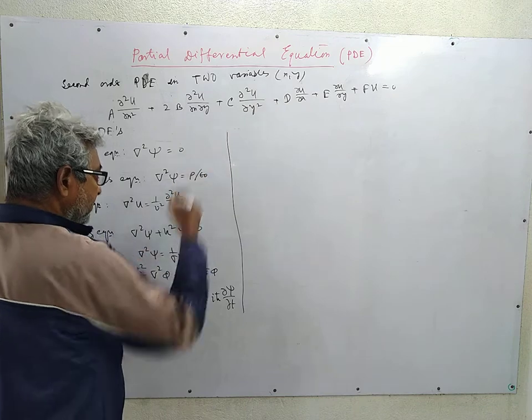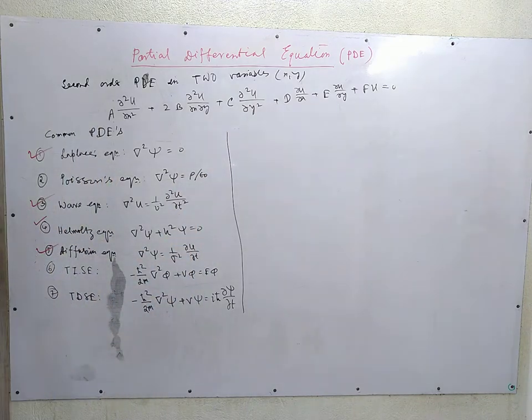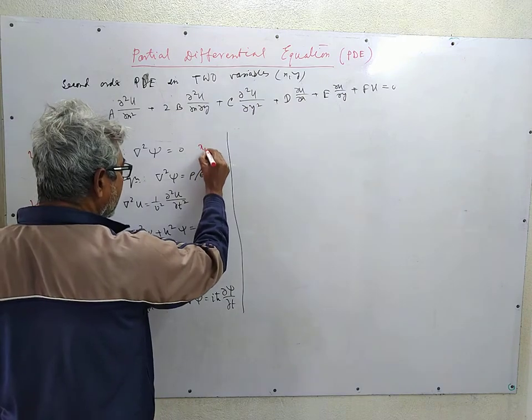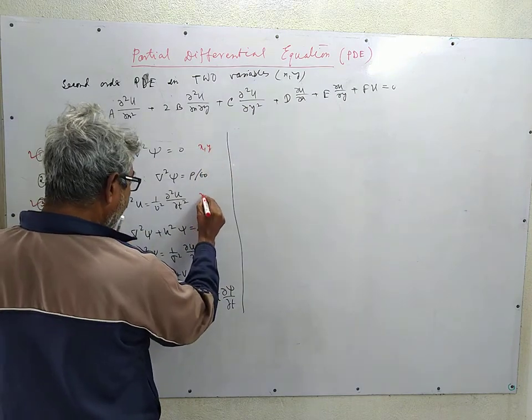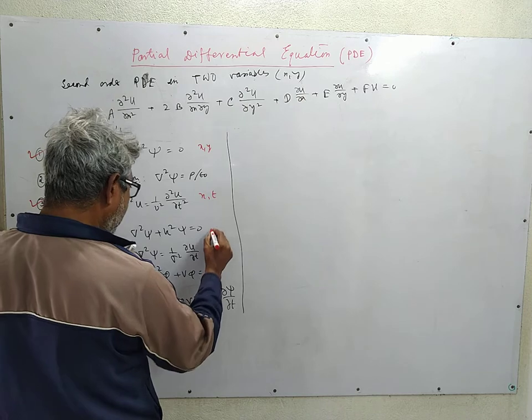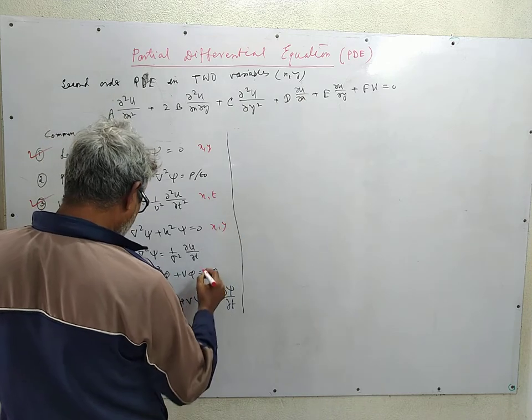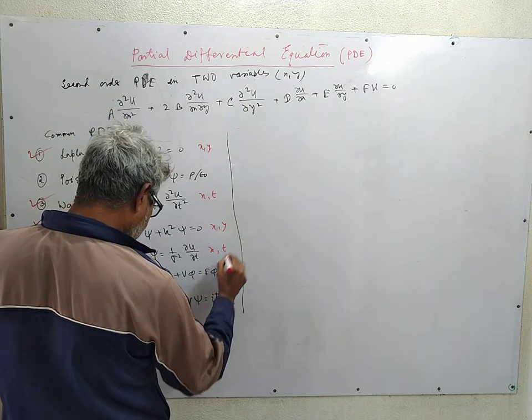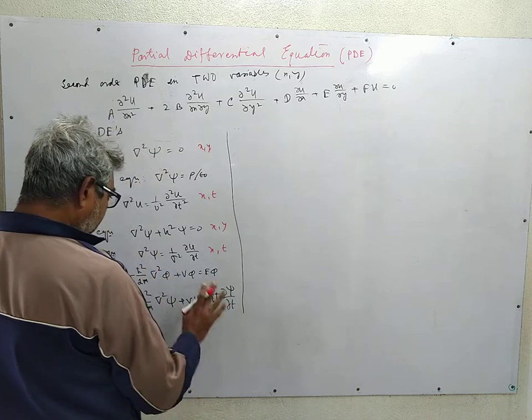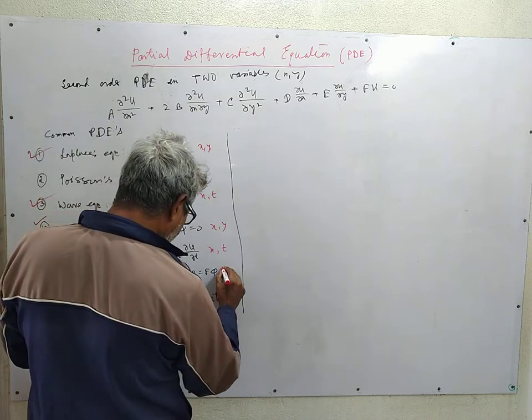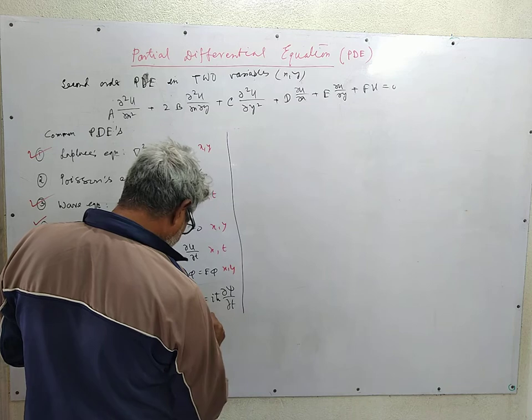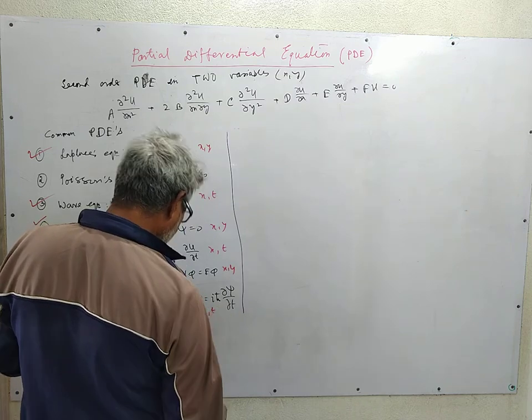For example, here we have considered x and t, this is x and y, this is again x and t, and for these two we can consider x and y, and this is x and t.